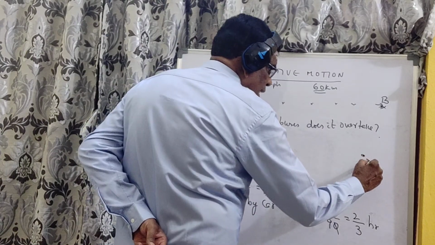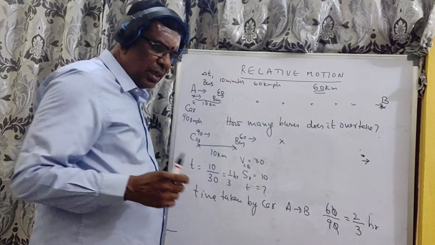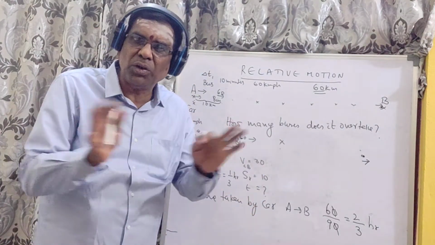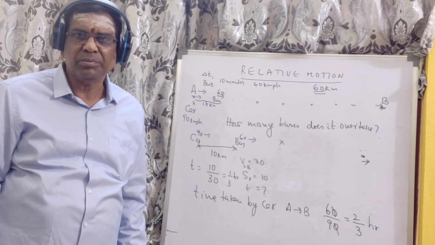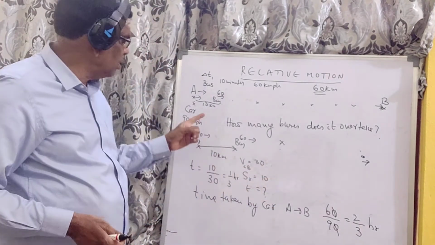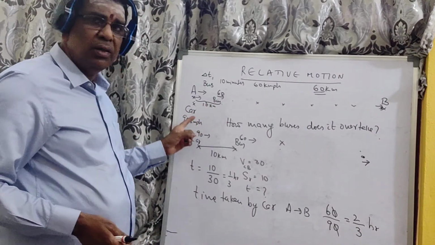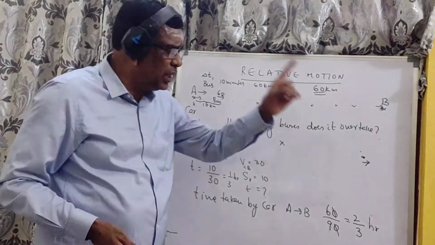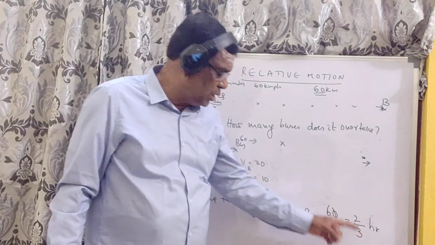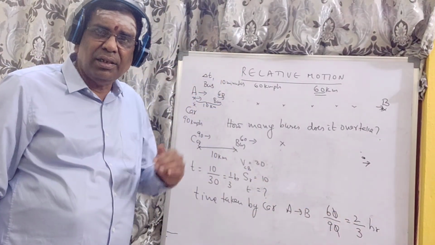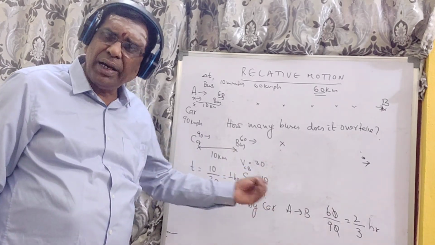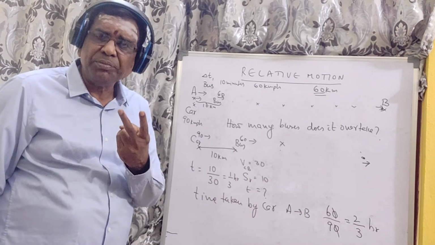At that instant, the bus is arriving, car is arriving, therefore we don't call it overtaking. So effectively, this car actually overtakes only one bus, because in 2/3 of an hour total time, every 1/3. So divide 2/3 by 1/3, you will get 2. What is it?